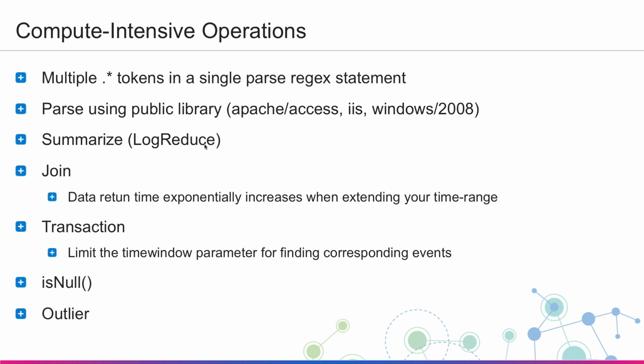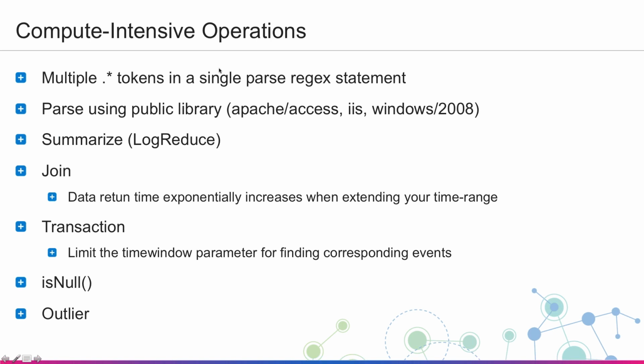Now, the public libraries like Apache Access, IIS, Windows 2008, these public parsers will work, except just note that each of these are comprised of 20 or so different parse statements, which is why if you use them, it will take a long time to really scour through your messages.